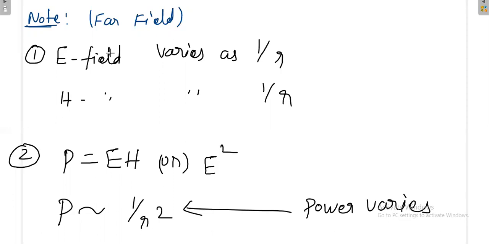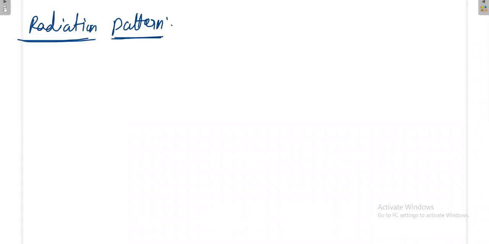Then one more thing here is the radiation pattern. What is the radiation pattern here? Okay, the radiation pattern is something similar to omnidirectional.